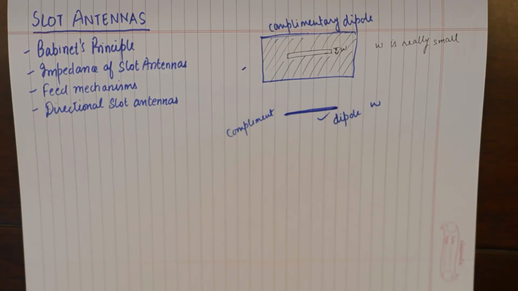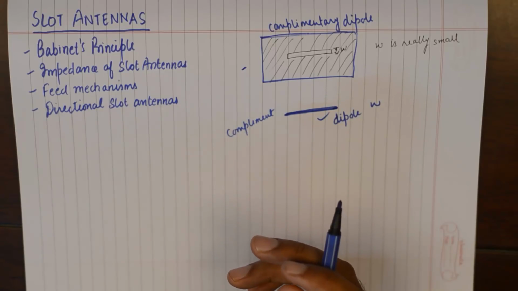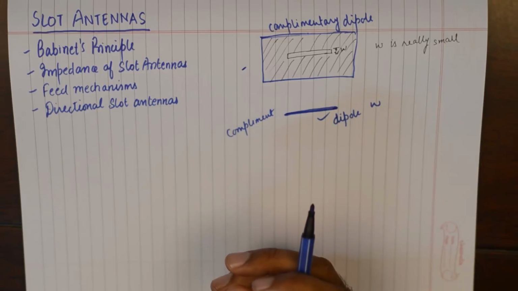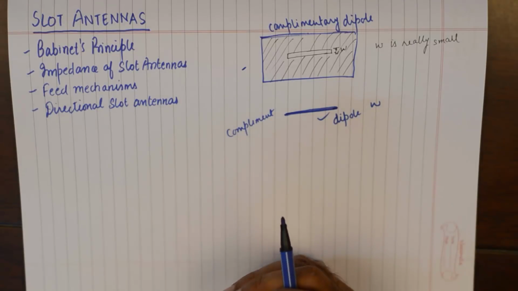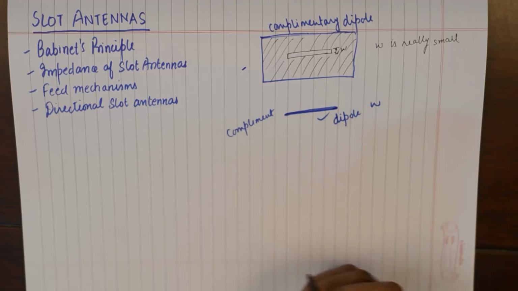Now, this antenna takes into account a principle known as Babinet's principle, which is more popularly a principle of optics, but it is equally applicable to electromagnetics with some extensions, with some additional features. I'll talk about Babinet's principle for optics first.